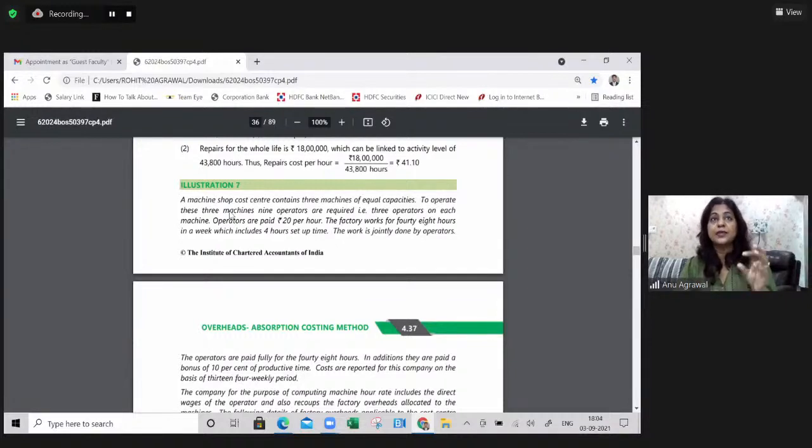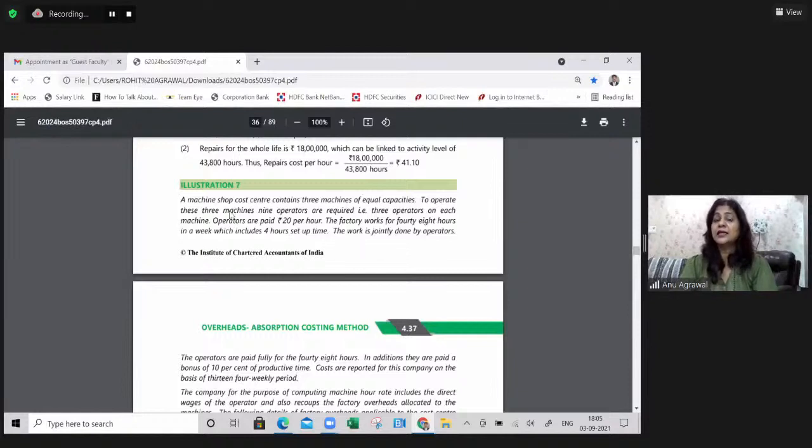Normal loss means if, say for example, in a year we have got 2000 hours and 20 hours have to be spent on maintenance, that means my normal hours would not be 2000. It will be 2000 minus those maintenance hours of 20.